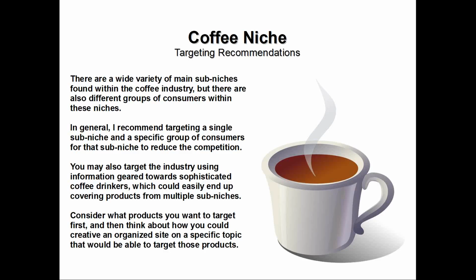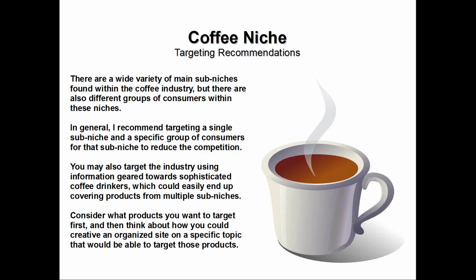You may also target the industry using information. This could be geared most likely towards the more sophisticated coffee drinkers that I had mentioned to you previously. If you're going after maybe coffee industry news, talking about new beans that are being discovered and sources where people can get these different types of varieties that they are looking for, these rare types of coffees, you could definitely end up covering products from multiple sub-niches like that.